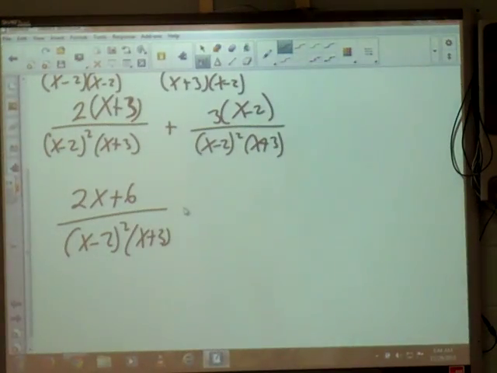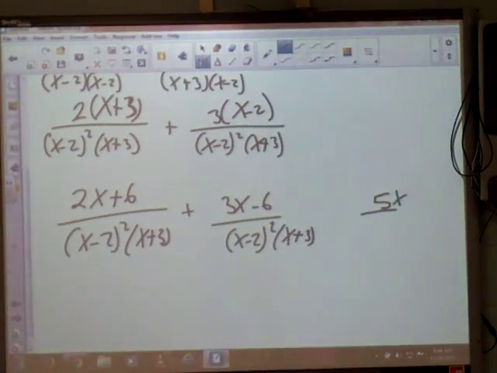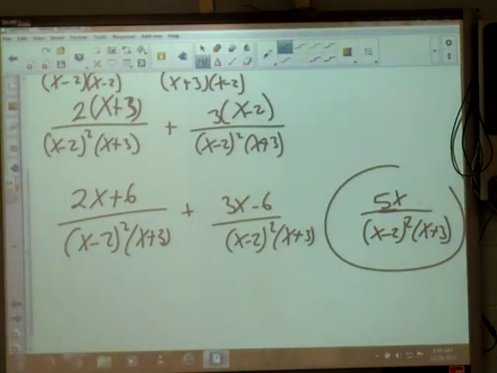Distribute the 3 there. That gets me a 3x minus 6. Very similar to the last one, but this one's an addition problem. So 2x plus 3x is 5x. 6 plus negative 6 is nothing. That's it. Good job.